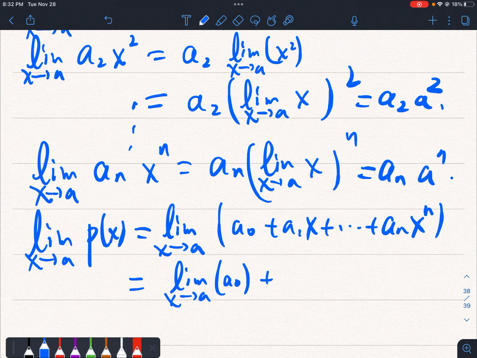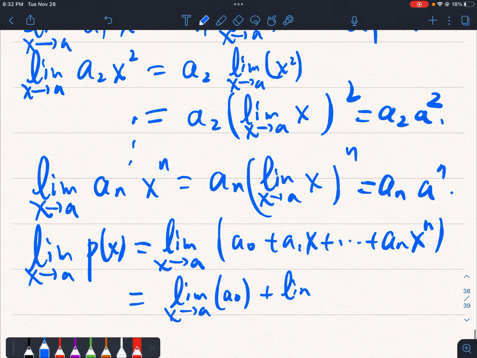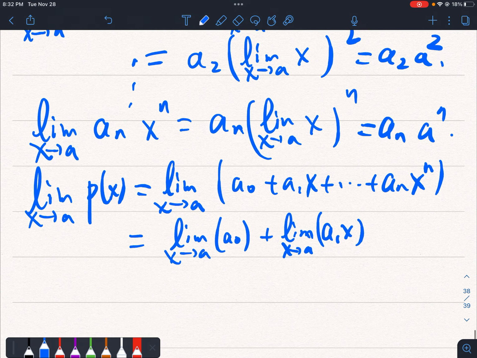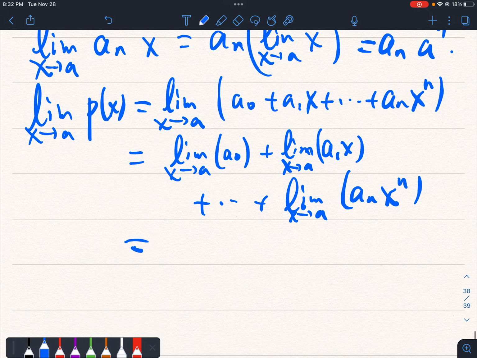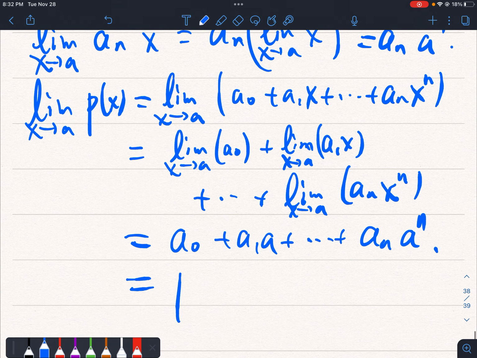By the sum rule, and you can use it because all of these limits exist by these calculations, this is the limit as x approaches a of a naught, plus the limit of a1x, all the way up to the limit as x approaches a of an xn. And by these computations, this is a naught plus a1a plus all the way up to an times a to the power of n.